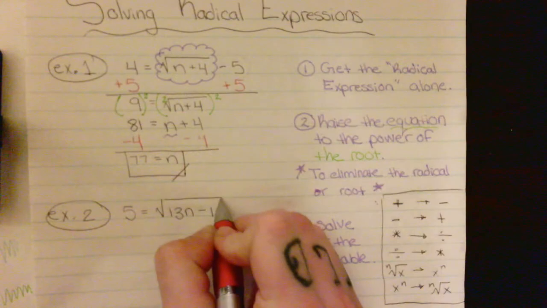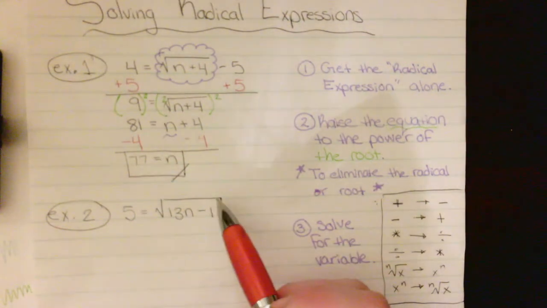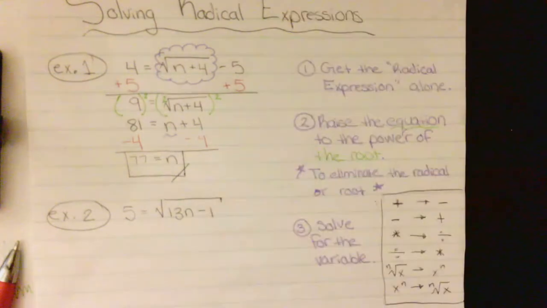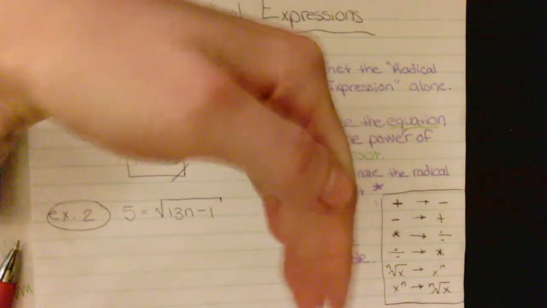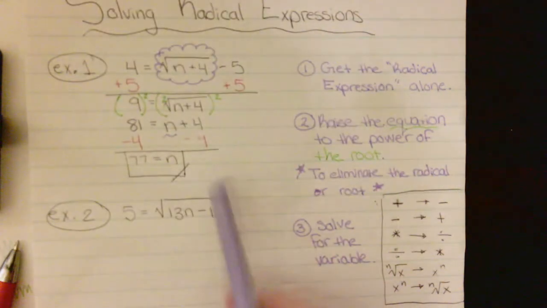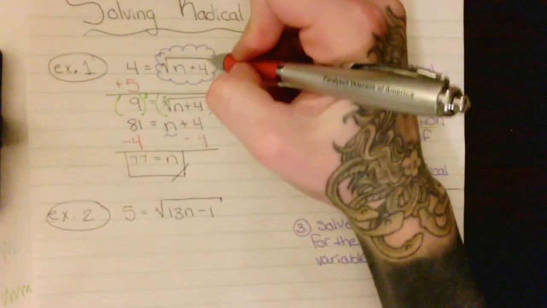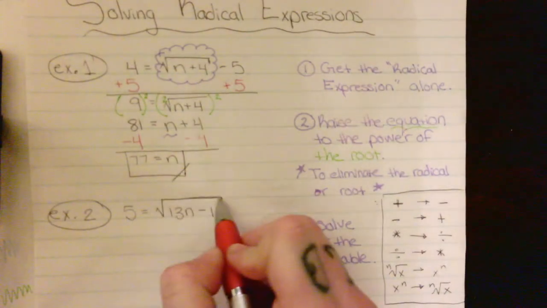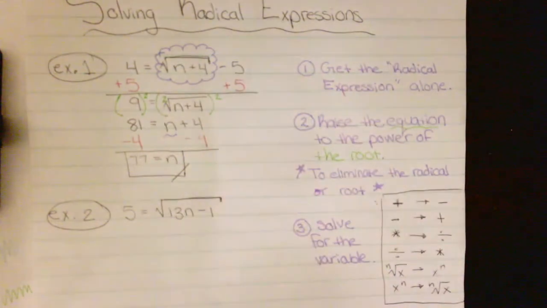Now I like to put this little house so that I know this minus 1 is underneath the radical sign. I could have done that up here just to make it clear that everything that I've written is underneath the radical sign. Okay, so step 1, get the radical expression alone.